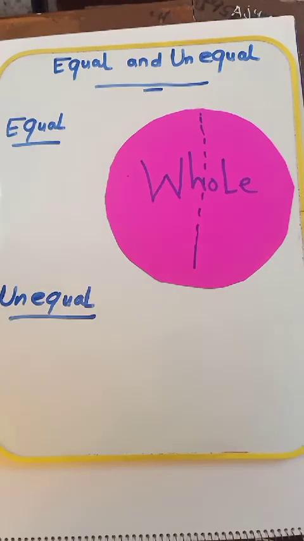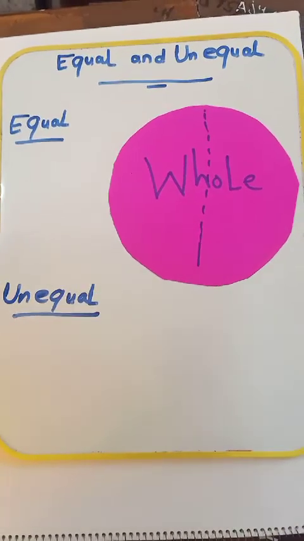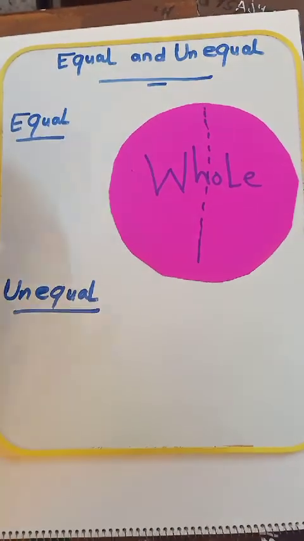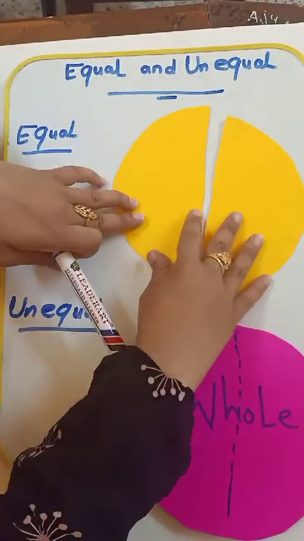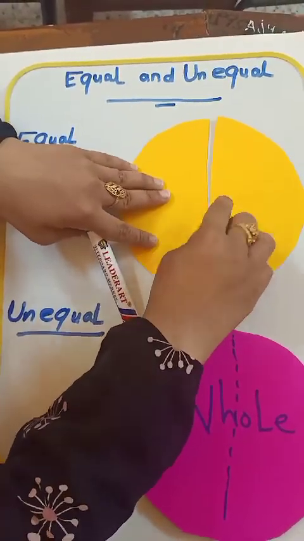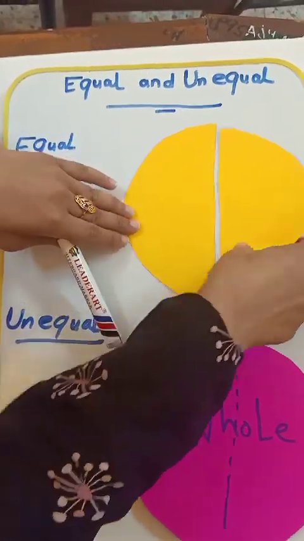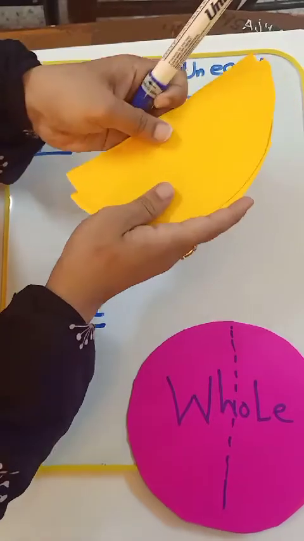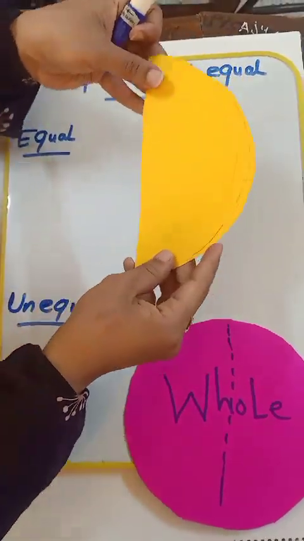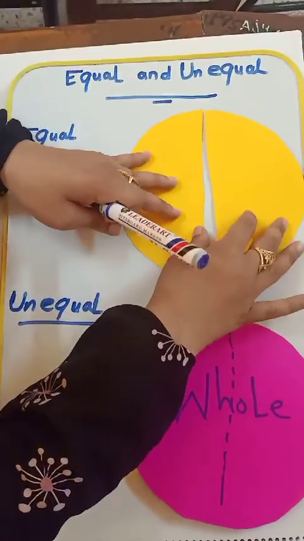So if we cut any shape into two equal parts like this, is this part equal to this? They have the same size, yes, so this is equal parts.